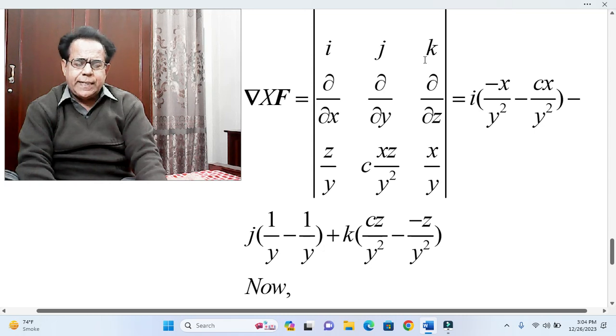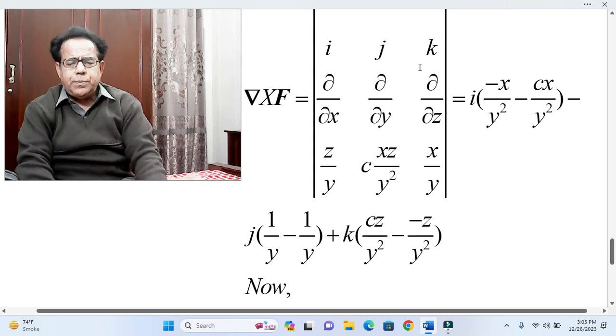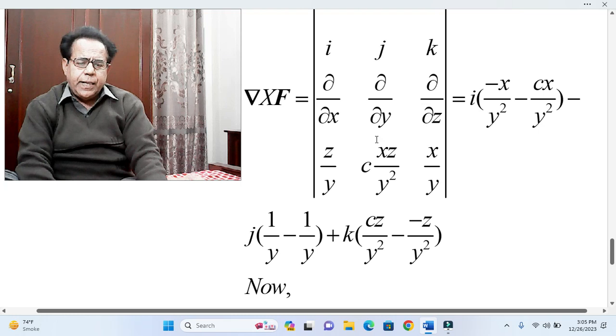When we treat k, then third column and first row will be omitted, and hence partial over partial x, here in place of x we will get 1, and hence cz over y square. Yes, minus partial over partial y.